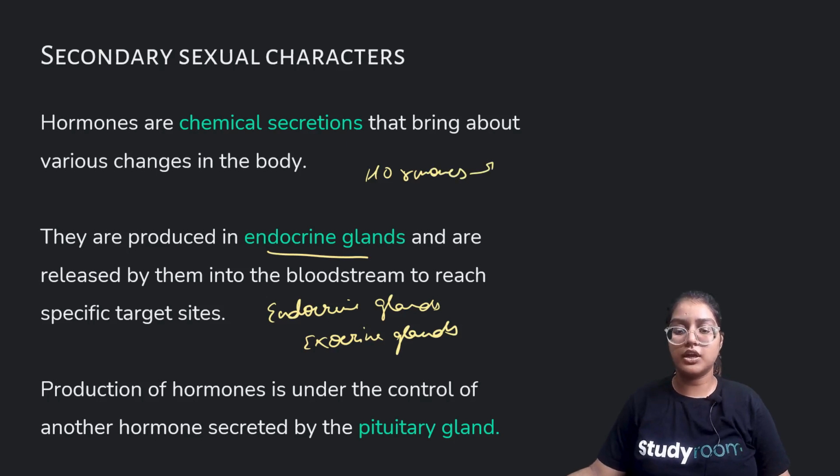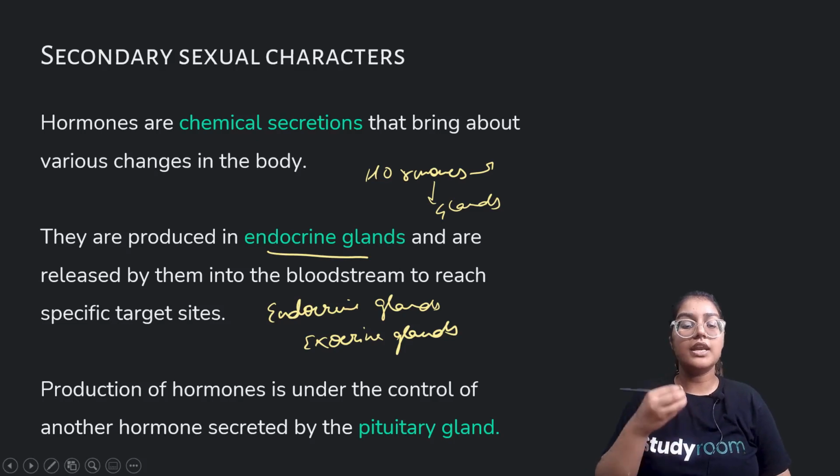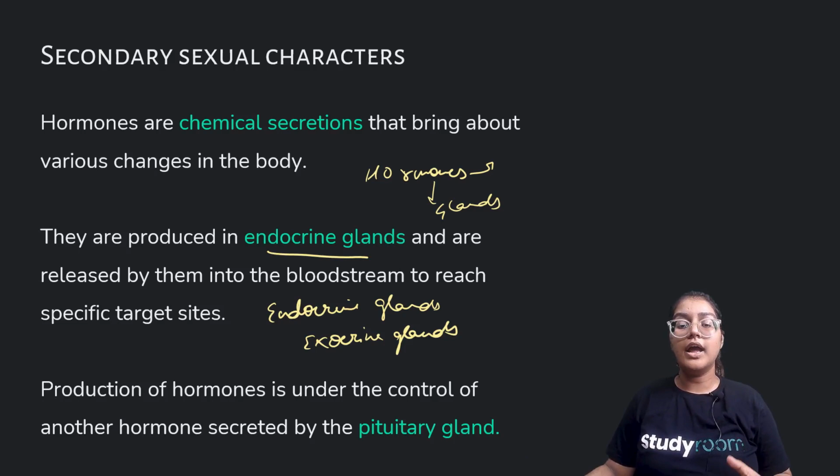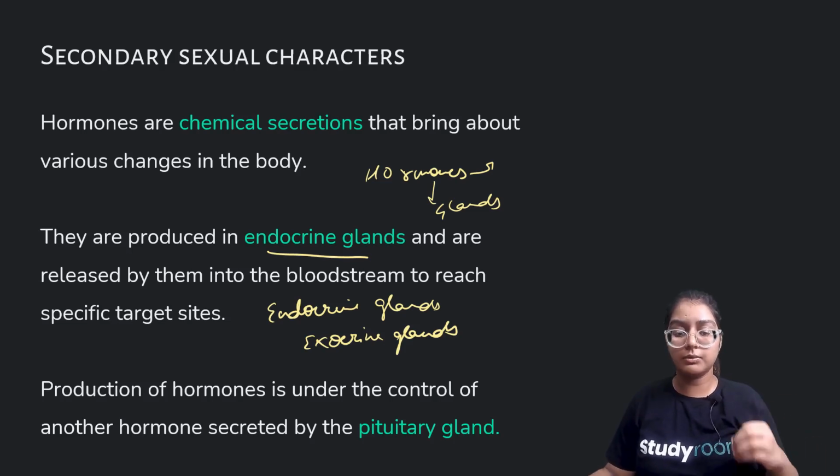control the secondary sexual characters and hormones are controlled by glands. Hormones are chemical secretions, so they have to be guarded by something. They are produced in endocrine glands, and what do endocrine glands do? They release the hormones into the bloodstream to reach the specific targets, rather than exocrine glands.